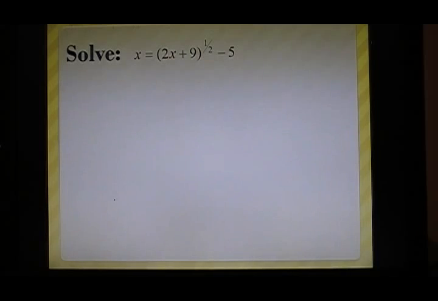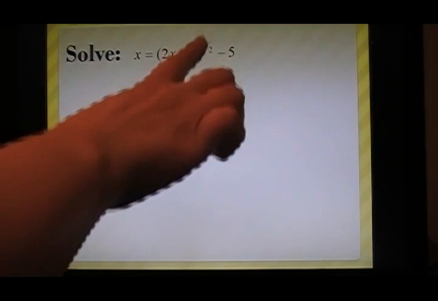Okay, some more notation. We've got x equals the quantity 2x plus 9 to the 1/2 power minus 5. When you see fractional exponents, fractional exponents are alternative notation for radical expressions.